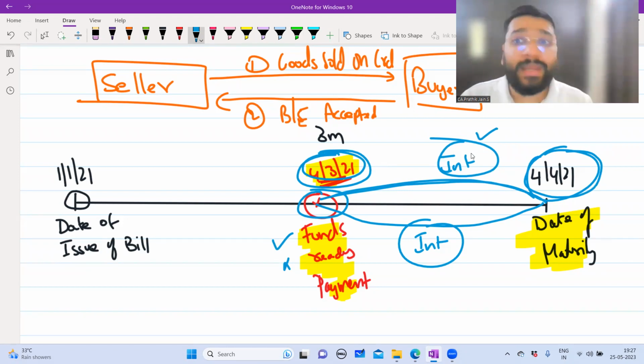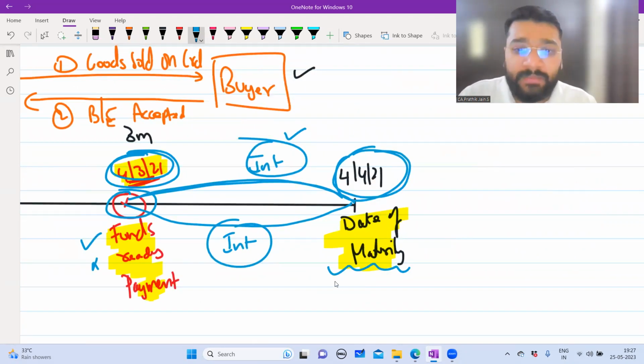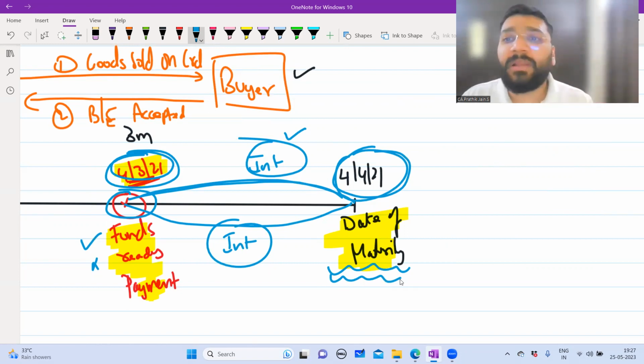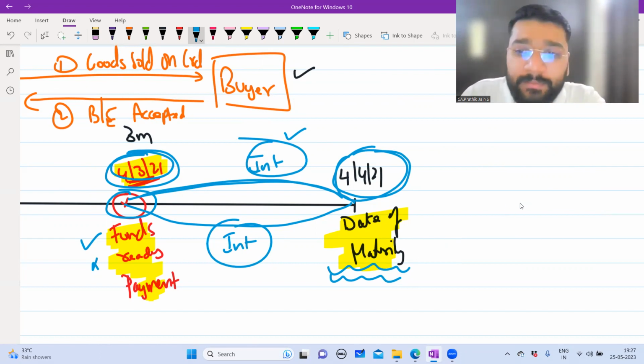Now, the seller will calculate. What will the seller calculate? The seller will think that if I get the money here, I will buy the laptops from the manufacturer, and if I buy the laptops from the manufacturer, I will sell the laptops. And when I sell the laptops, the profit he will earn is, let's suppose, 10% or let's say 12% per annum.